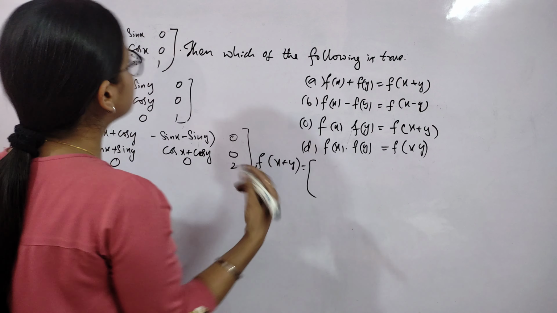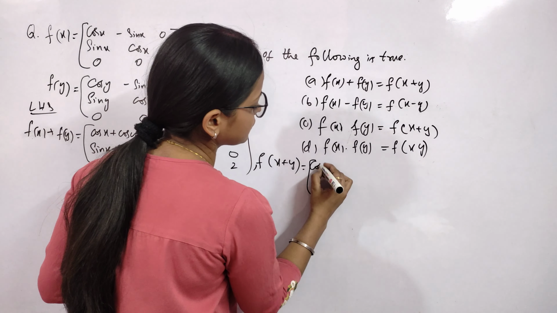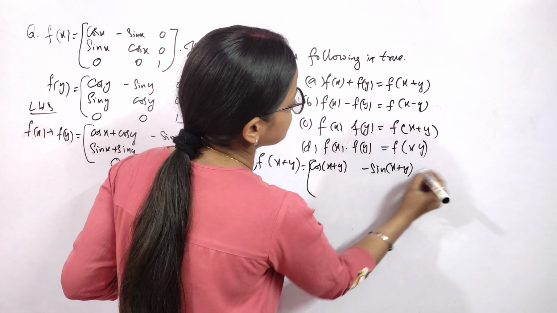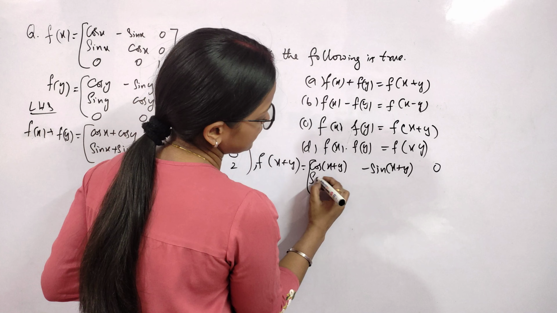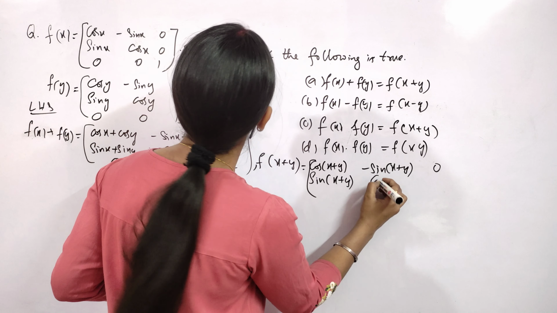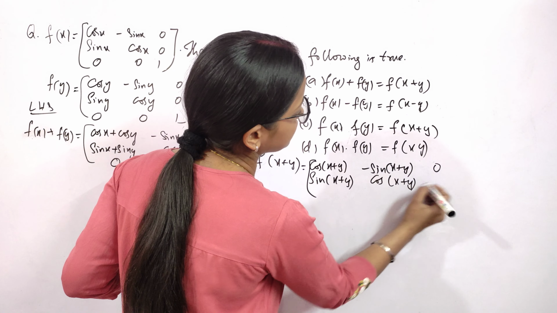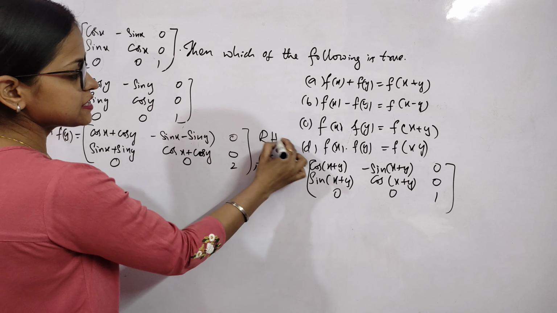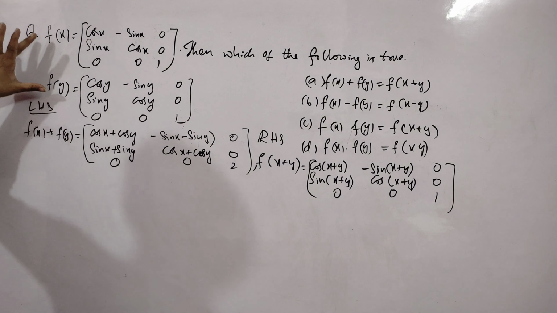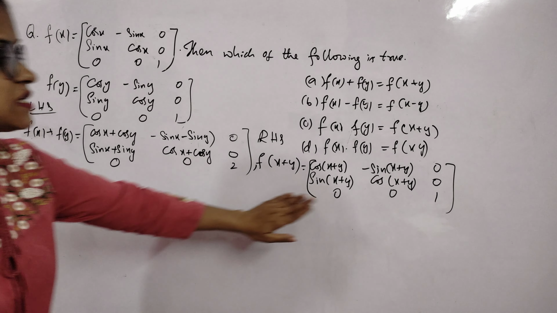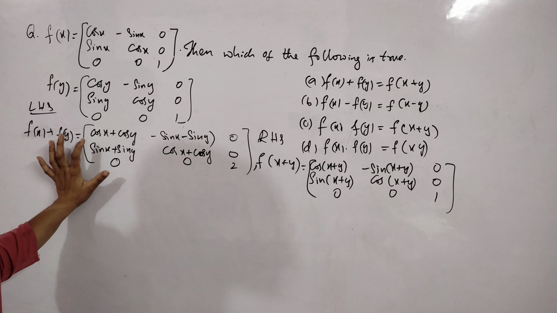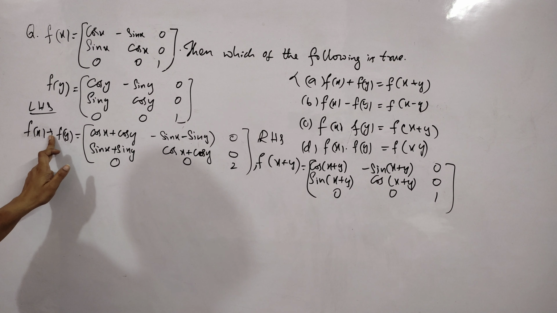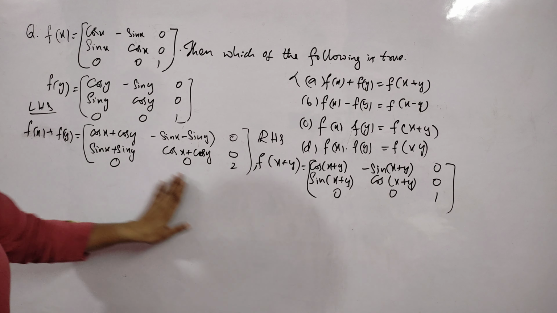So our answer must be cos of x plus y, minus sin of x plus y, 0; sin of x plus y, cos of x plus y, 0; 0, 0, 1. This is the RHS. On adding, we must get this, but we are not getting this. So option A is wrong. It is not matching.